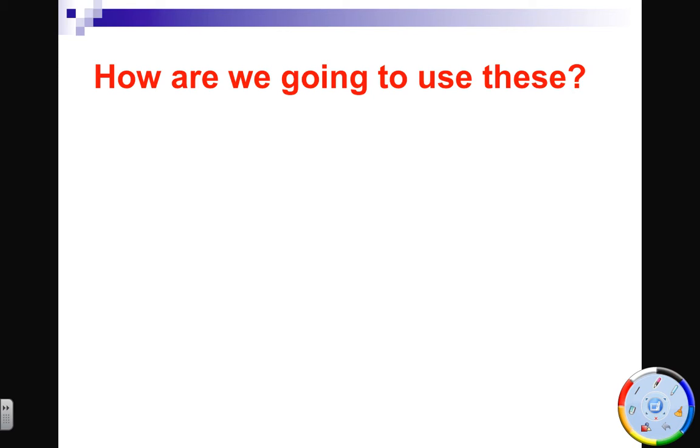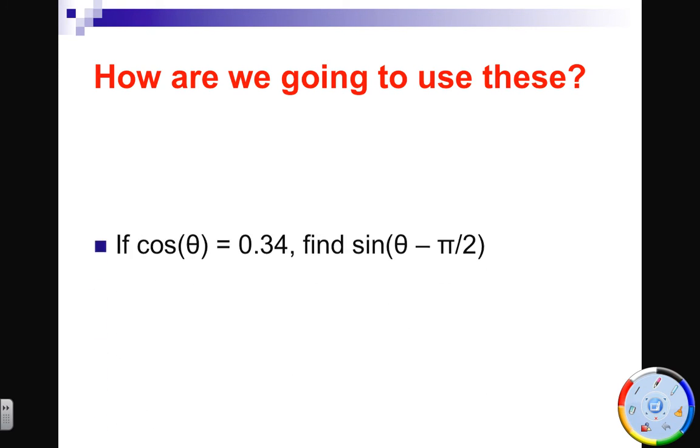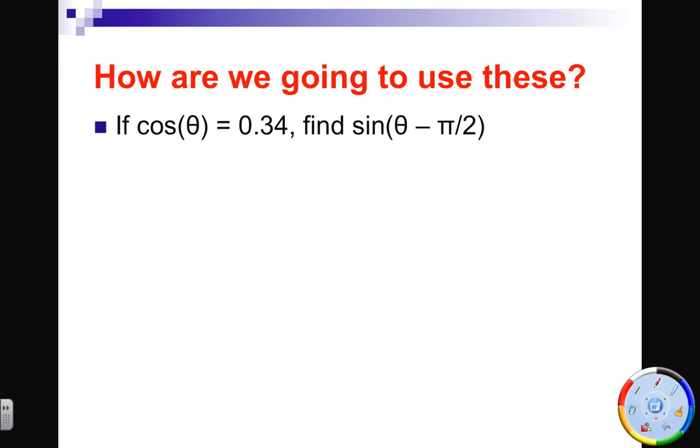So where can we use those last two identities outside of the graphing? Let's say I gave you cosine of theta is equal to 0.34, and I want you to find sine of theta minus pi halves. Well, if you ever see something right here where it's something as a difference to pi halves, you should automatically think cofunction identity.